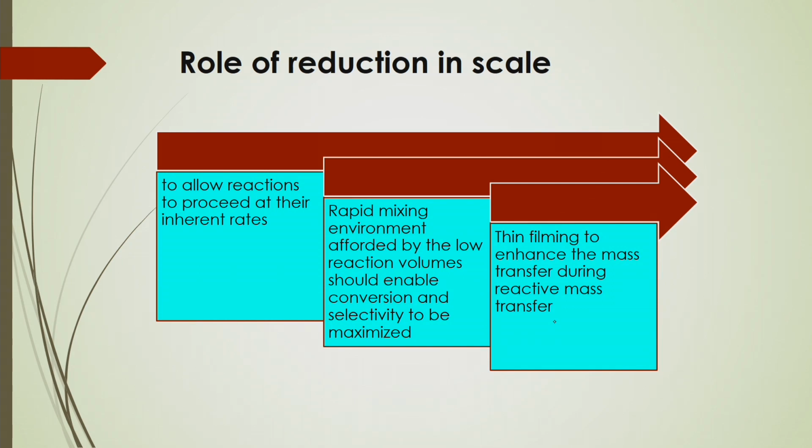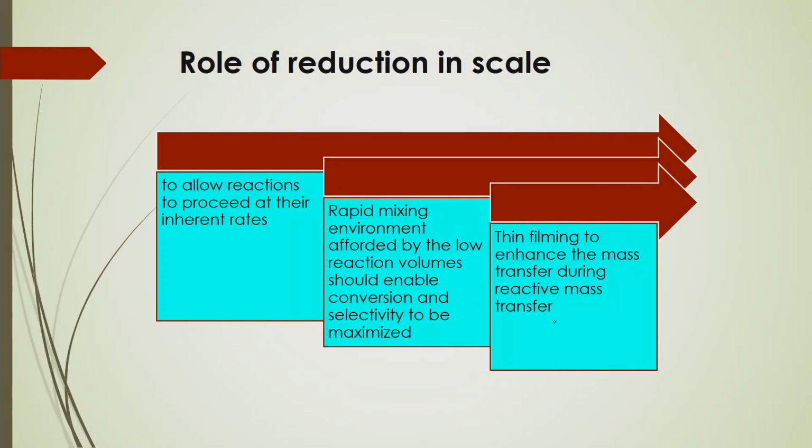Also, you know that if you reduce the scale of the reactor, by making a microchannel based reactor, a thin film will be produced to enhance the mass transfer during the reactive mass transfer operation.